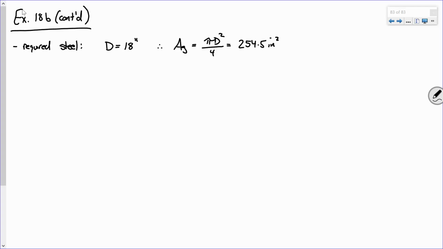Here's the point. I have a column. If I said the required area of steel is just that column times that 0.02, that would be dead wrong. The reason why is because I took my column and I undersized it a little bit. So as a result, the amount of steel that's going to be required goes up a little bit. How do I determine how much steel is required? I use this.